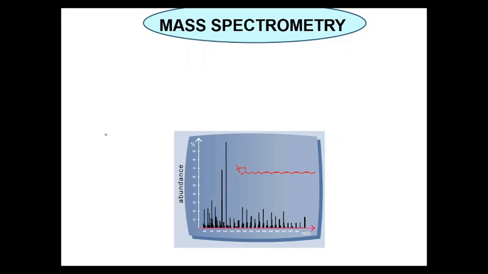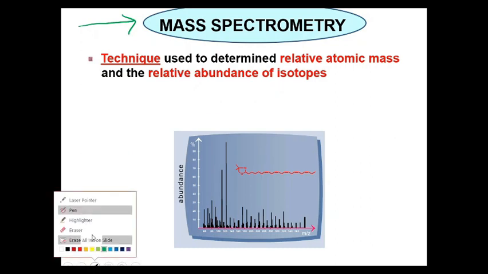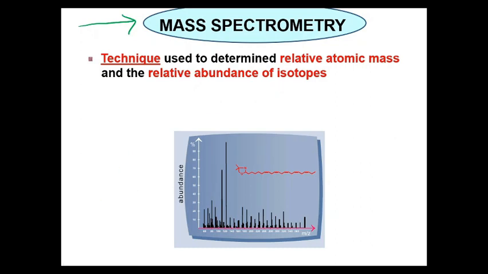But do you know how we're going to identify each isotope that exists? We're going to use mass spectrometry in this aspect. Mass spectrometry is a technique used to determine relative atomic mass and the relative abundance of isotopes.